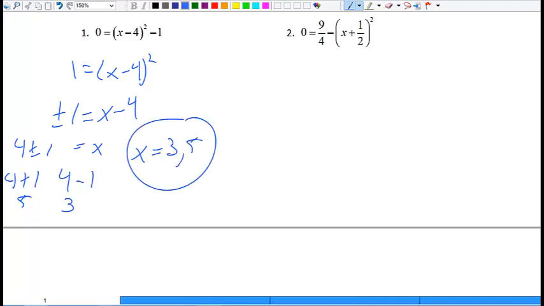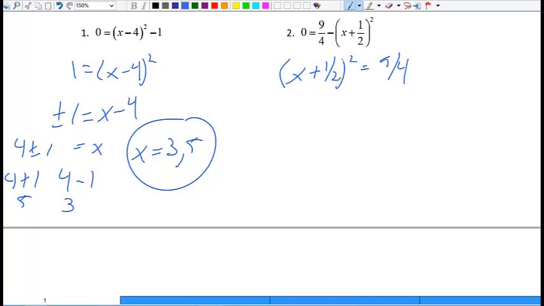Okay. Number 2, again, perfect illustration of the square root process. I'm going to actually bring over the parentheses so I can try to keep things positive and not have to deal with negative square roots if I don't have to. So that'd be (x + 1/2)² = 9/4.